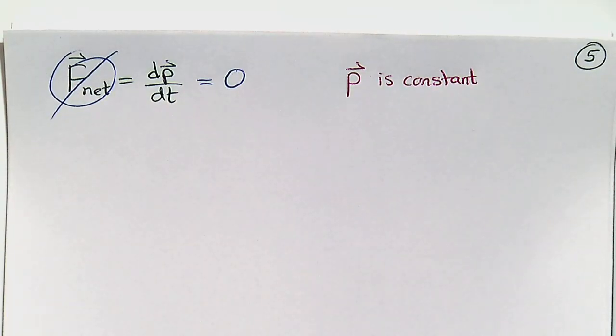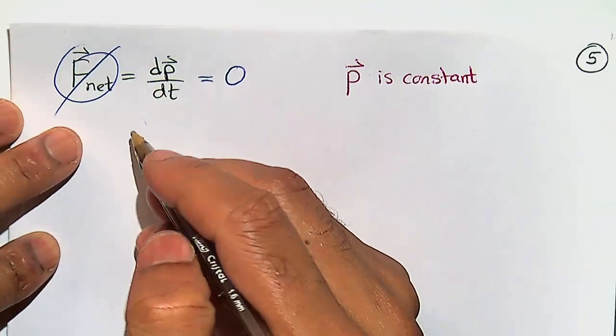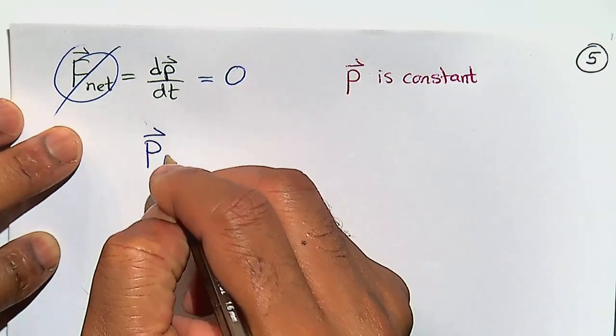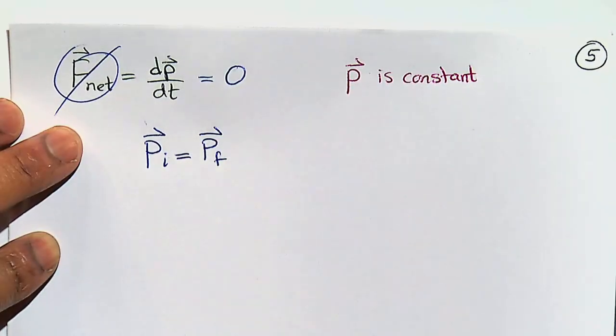If you have an object with no net force on it, or you have a collection of objects that have no net force on them, then the momentum is constant, okay? So another way to say this is that the initial momentum is equal to the final momentum.